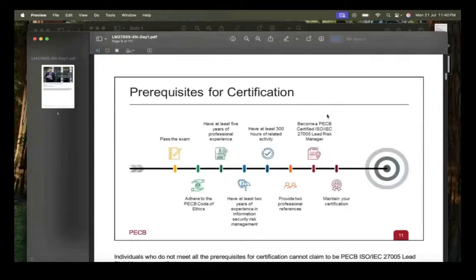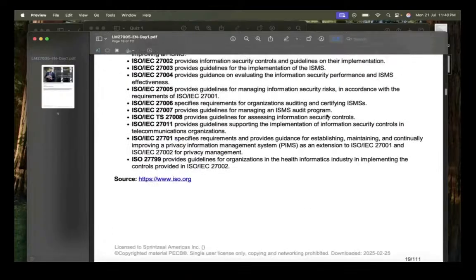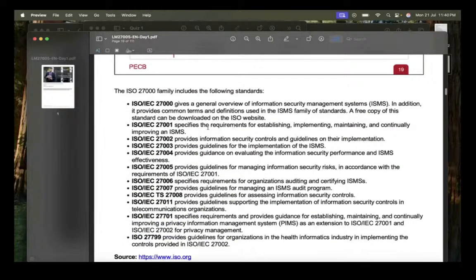So we have seen 27,001, which was about the requirements, if you remember. Requirements for establishing, implementing, maintaining, and continually improving an ISMS. 27,000 is a general overview of information security management systems.